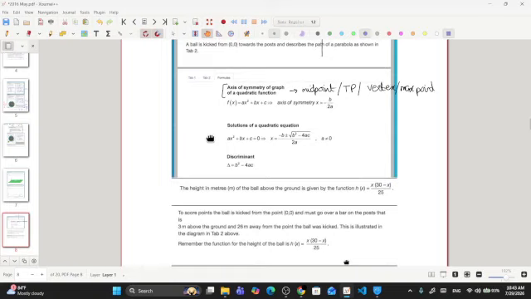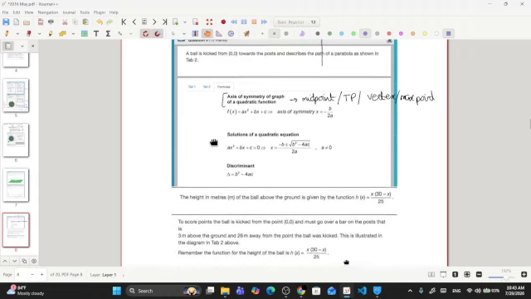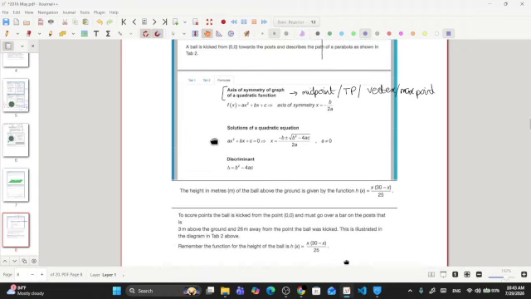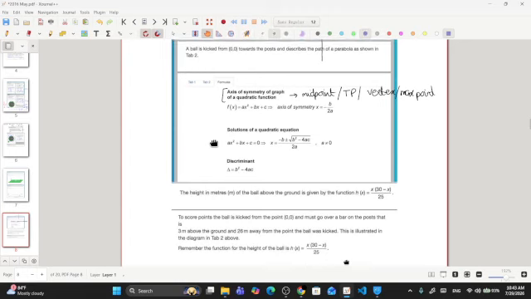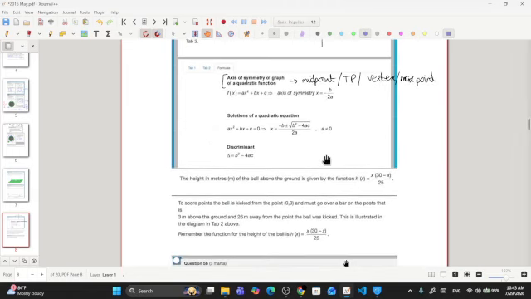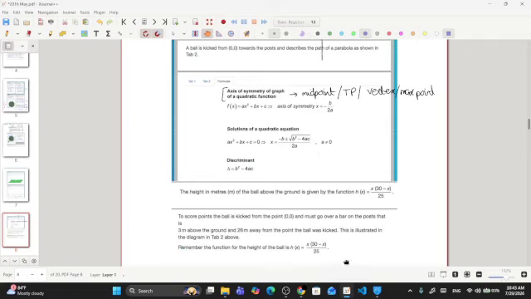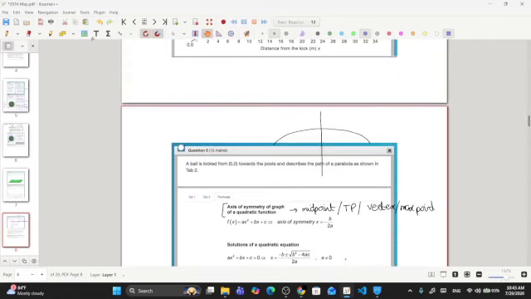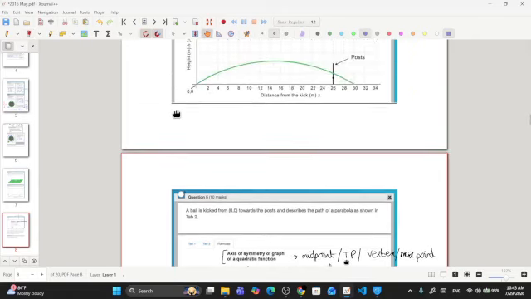So question number 5 part A says that we have to find the maximum height of the ball, the maximum height the ball has reached, essentially this h of x. So using this formula, how to find it?